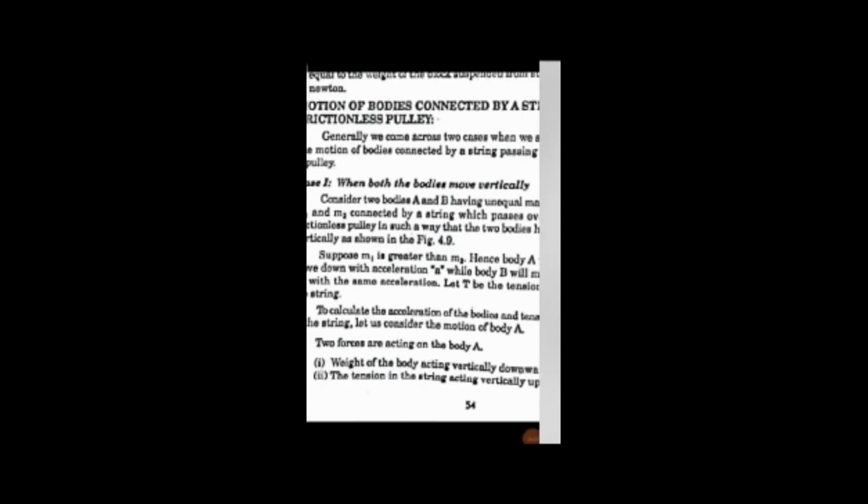So here the weight of the body acting vertically downward is W1 equals M1G, and the tension force which is acting vertically upward is equal to T. Now here you will see, since the body is moving downward, W1 is greater than T, which is written over here.